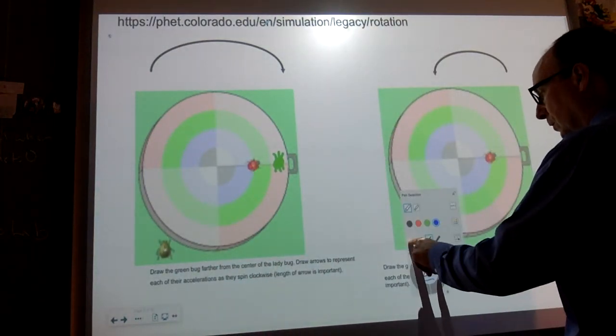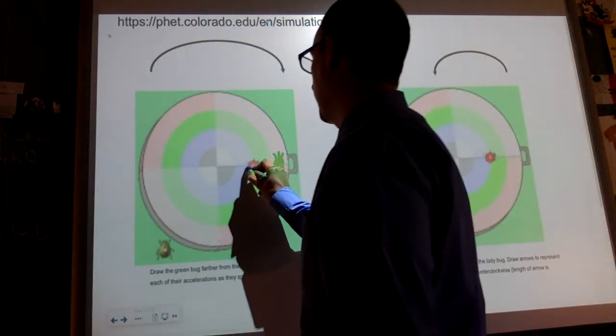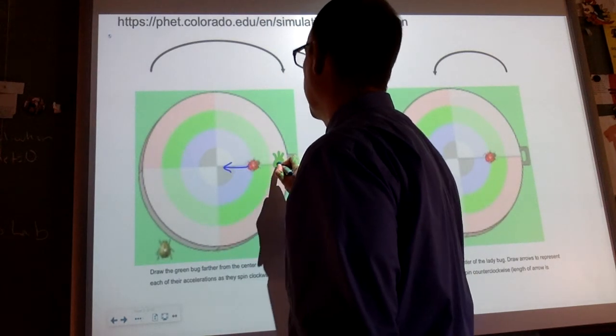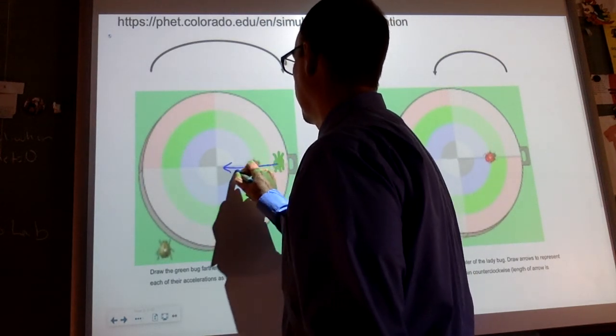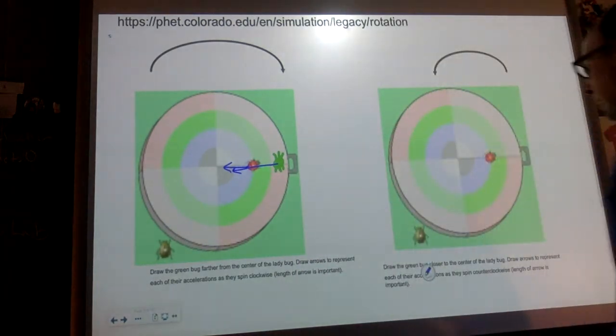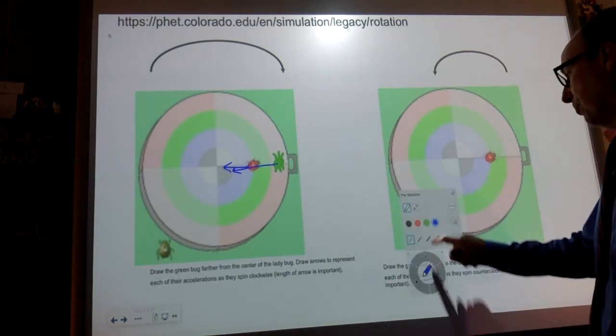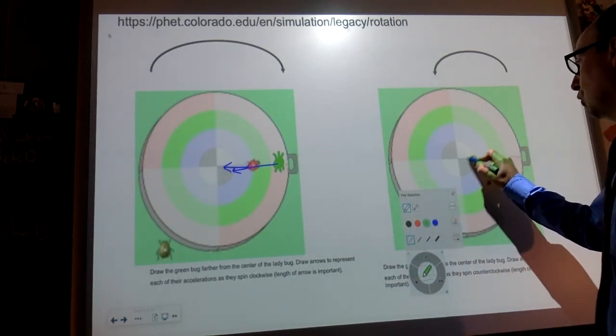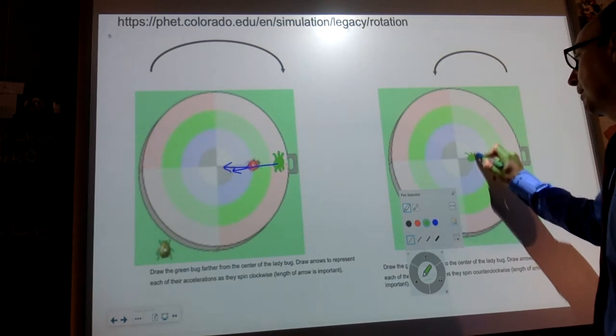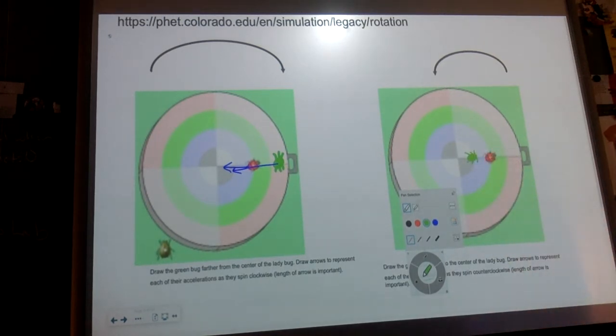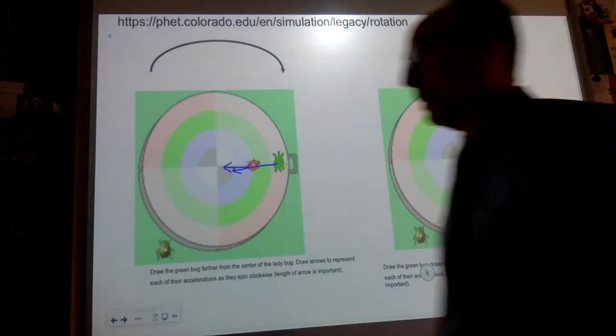So this one went towards the center. This one went towards the center, but was longer. All right, now I'm going to go counterclockwise, and I'm going to put the green beetle closer to the center. Again, I want you to draw accelerations for each of them as they spin counterclockwise.